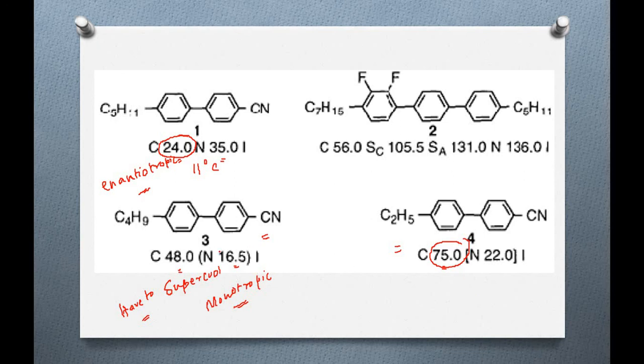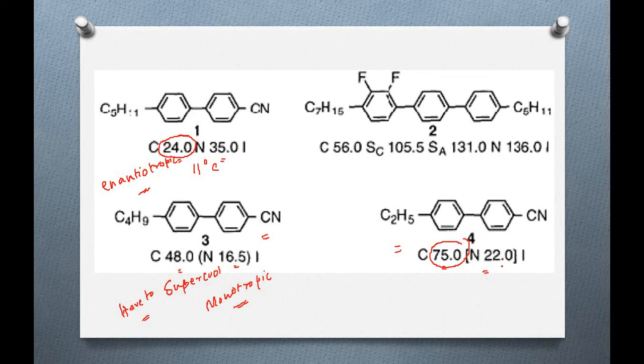If they have these round brackets, that means they have a monotropic phase, and that is achievable by supercooling it. And if that is virtual, that means if you do some special experiments, some mixing, or use some host material and formulate some mixtures, it's a virtual value when you use these third brackets.